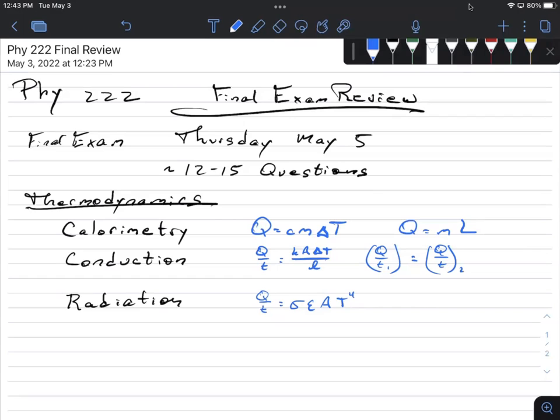And of course, we also saw particular examples where maybe the object is placed in an environment which is at some other temperature. You know, you put a hot metal sphere into a refrigerator.